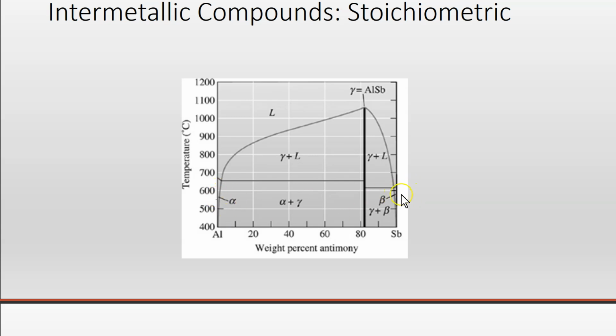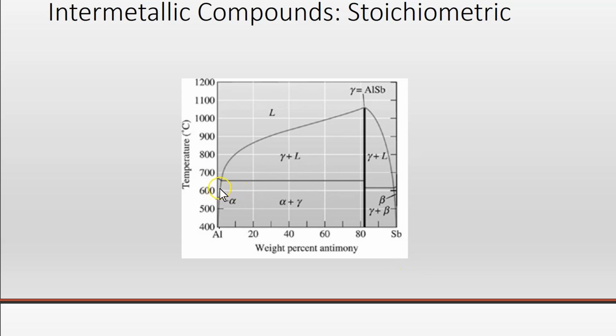But both alpha and beta are terminal solid solutions because they're right up against the vertical axes where the weight percent value represents 100% of either of the components.